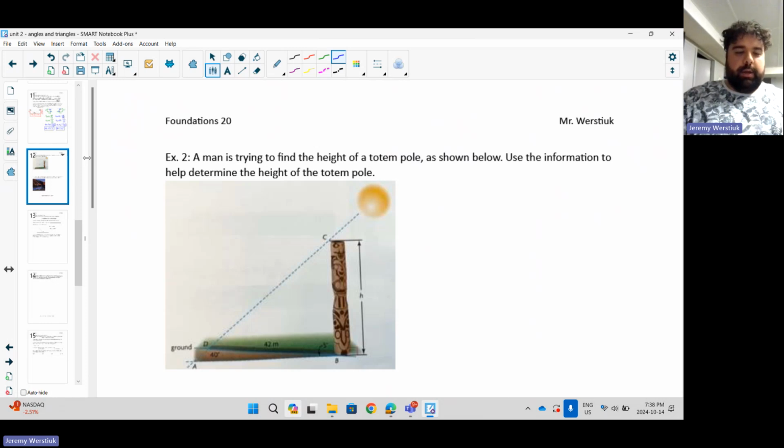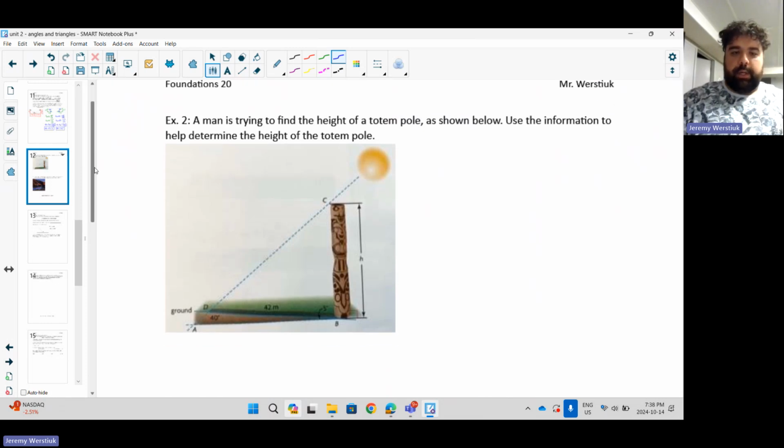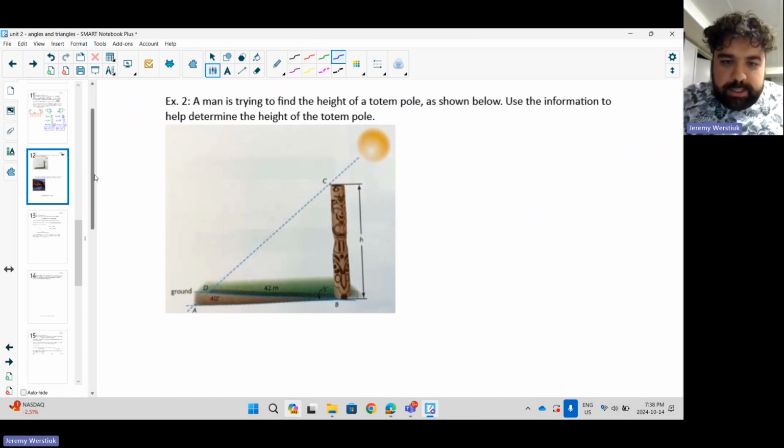All right, let's look at our next question here. This one here, I already am looking at it, and I see we've got maybe two different triangles going on here. So let's look at what this question is saying. This question says a man is trying to find the height of a totem pole, as shown below in the picture. Use the information to help determine the height of the totem pole.